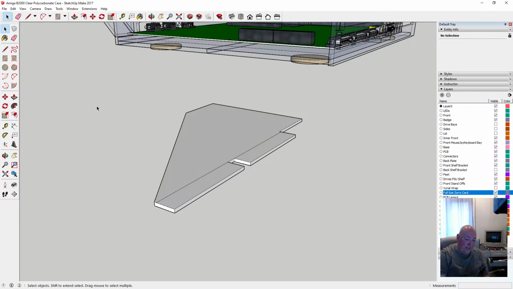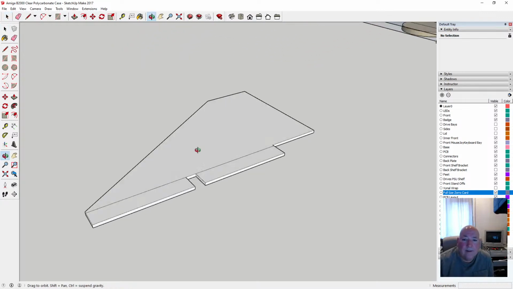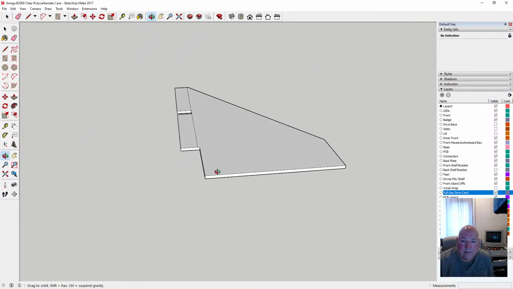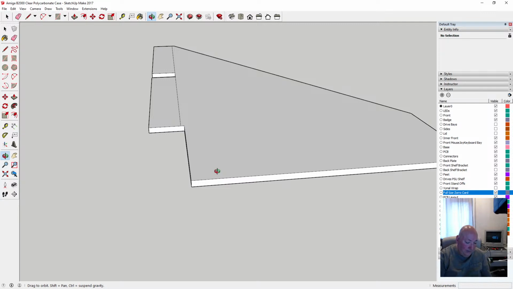Got to put some fixing holes in next. Fixing holes, so let's have some fixing holes. And they have got rounded corners. Sort of rounded corners. Very slightly. More so on the edges. Let's just go around this way. See what we've got here.